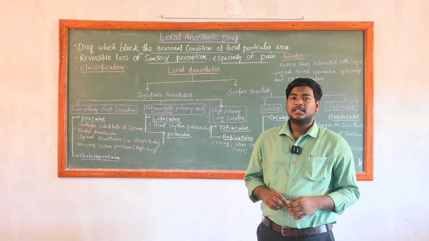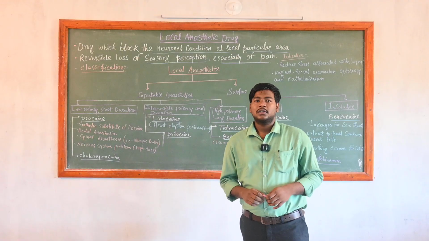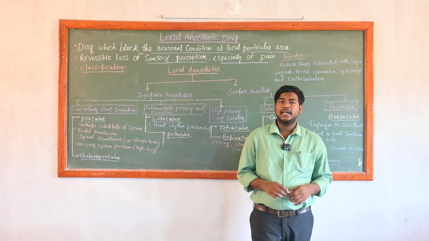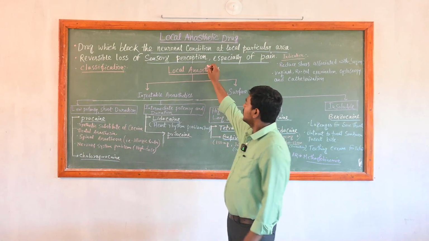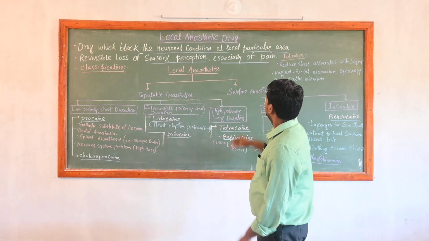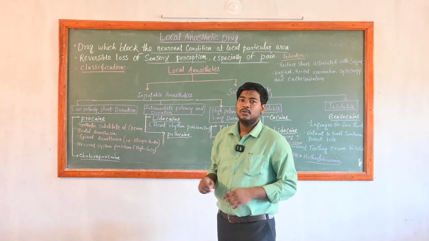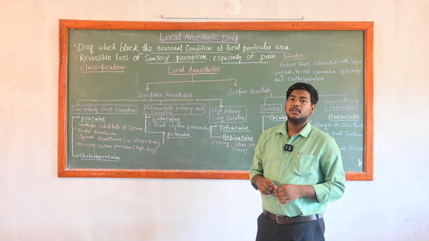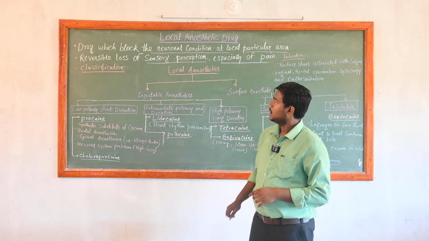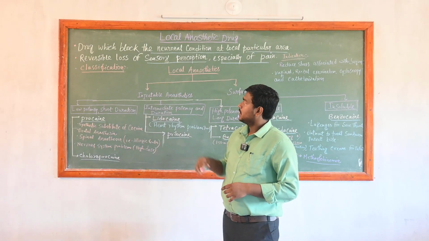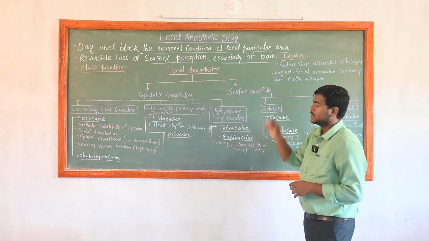Now we discuss what is local anesthetic drug. Local anesthetic drug means the drug which produces the anesthesia, or we can say the drug which blocks the neuronal conduction at a local particular area. Neuronal conduction means it blocks the neuronal signal which is responsible for any types of sensation in our body. It also prevents the loss of sensory perception, especially the sensation of pain.